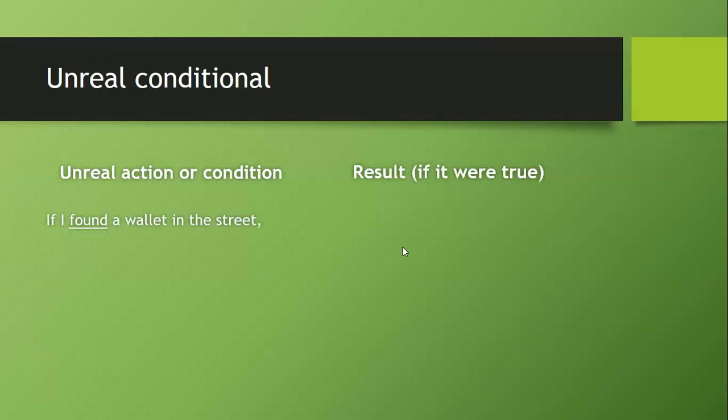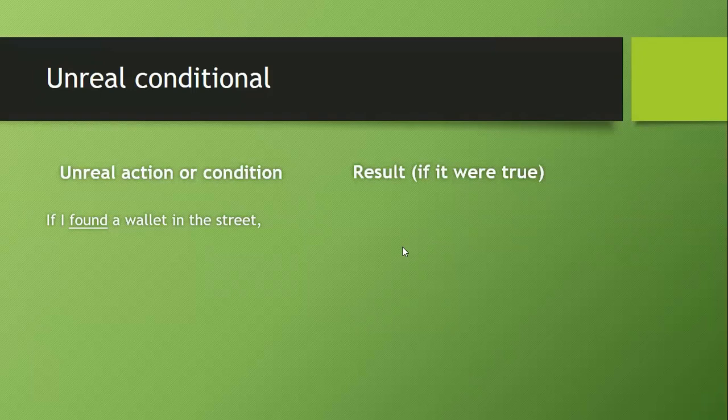For example, in this case you see that we have the if, the noun, and the verb in simple past. Okay? Why? Because this is unreal. If this happened, but this has never happened, right?